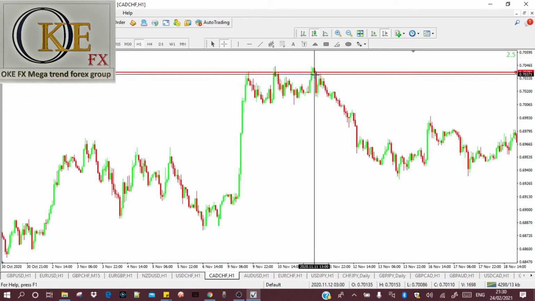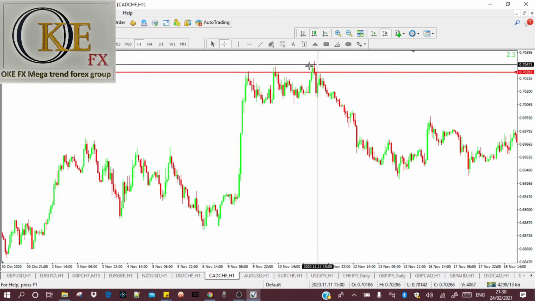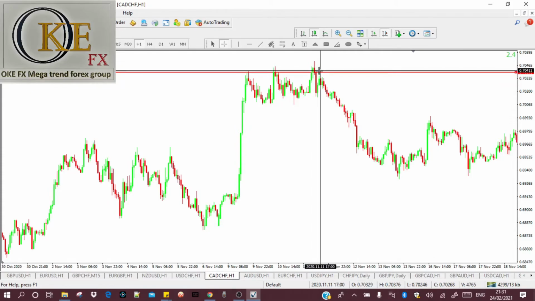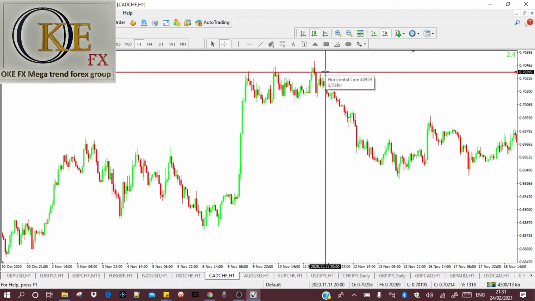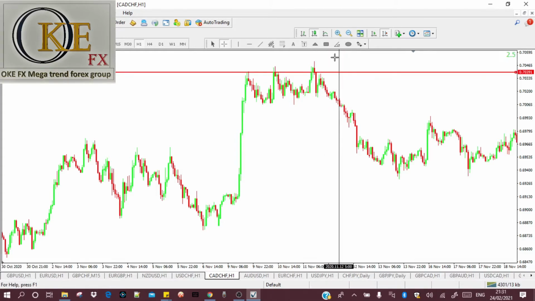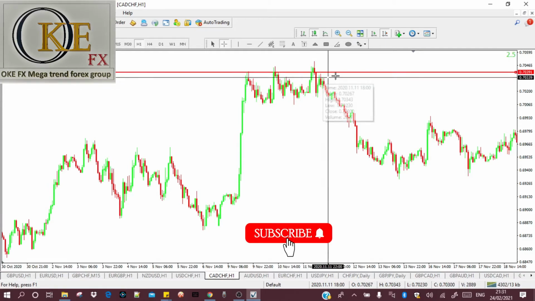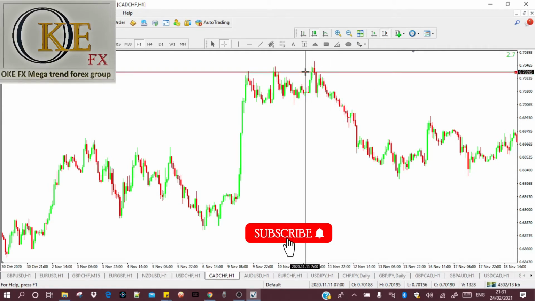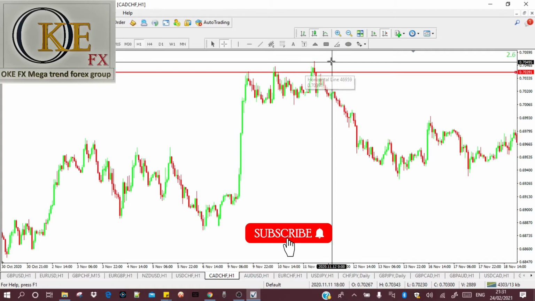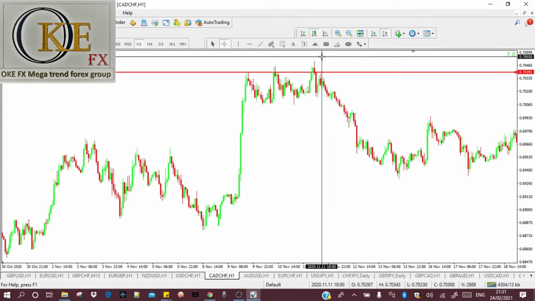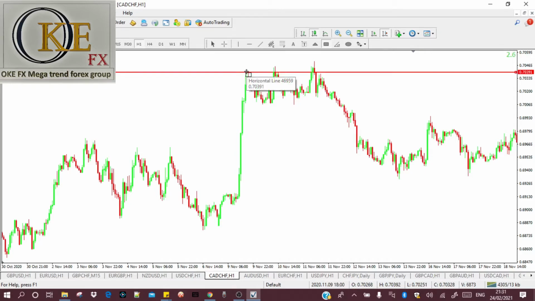But here, what happened here? There was a candlestick close above it, and in fact, everybody will think that this price will want to continue moving. But that is where treating support and resistance as a zone comes into play. Now, a lot of people must have gotten trapped in here.